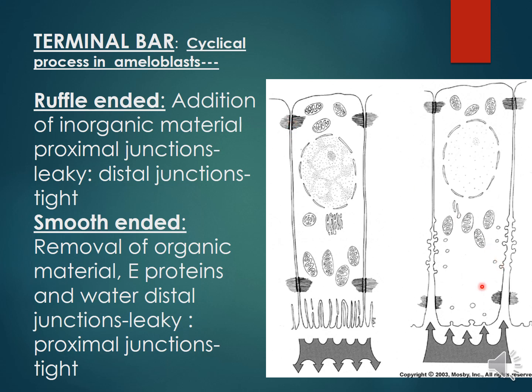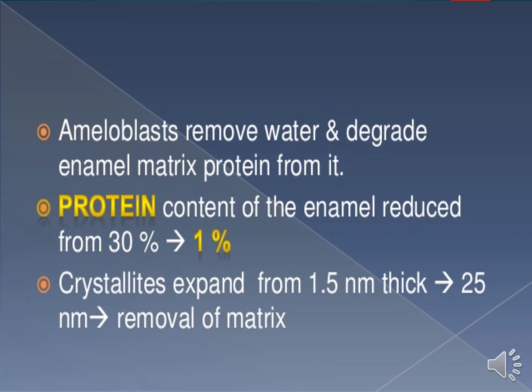When we come to the smooth ended ameloblast, we can see the distal terminal bars are leaky or open and the proximal terminal bars are tight. And this smooth ended ameloblast helps in the removal of water, organic material and enamel proteins. So thereby the maturation happens.